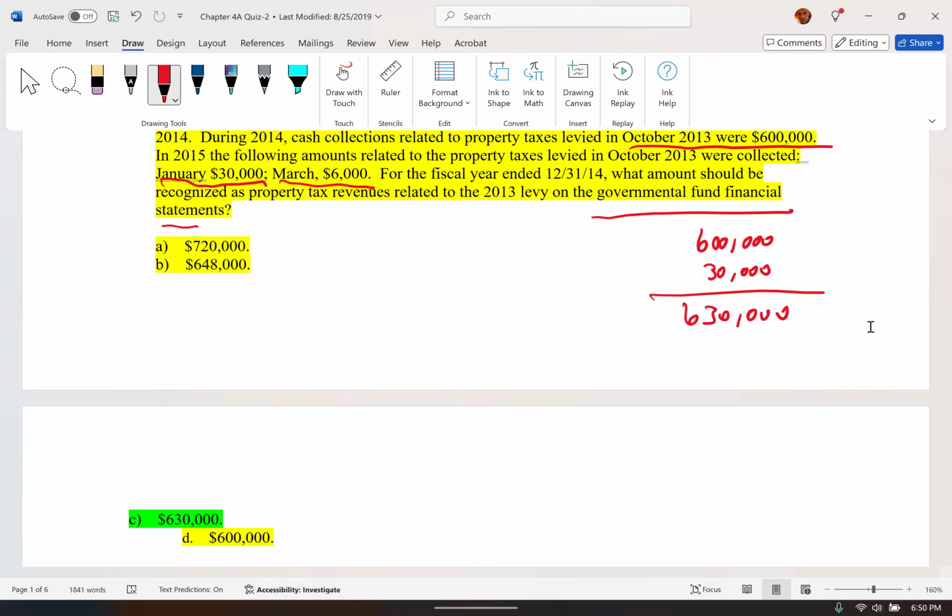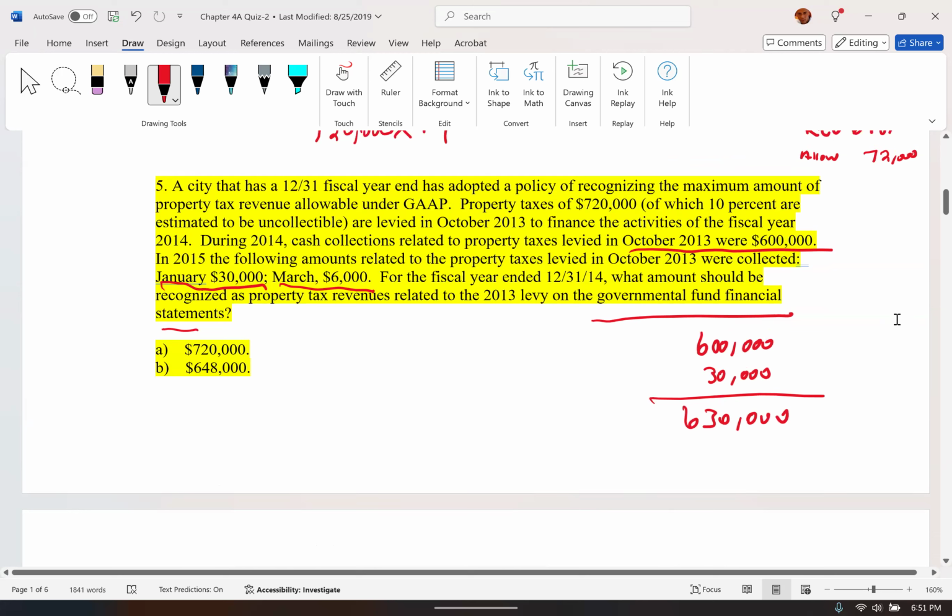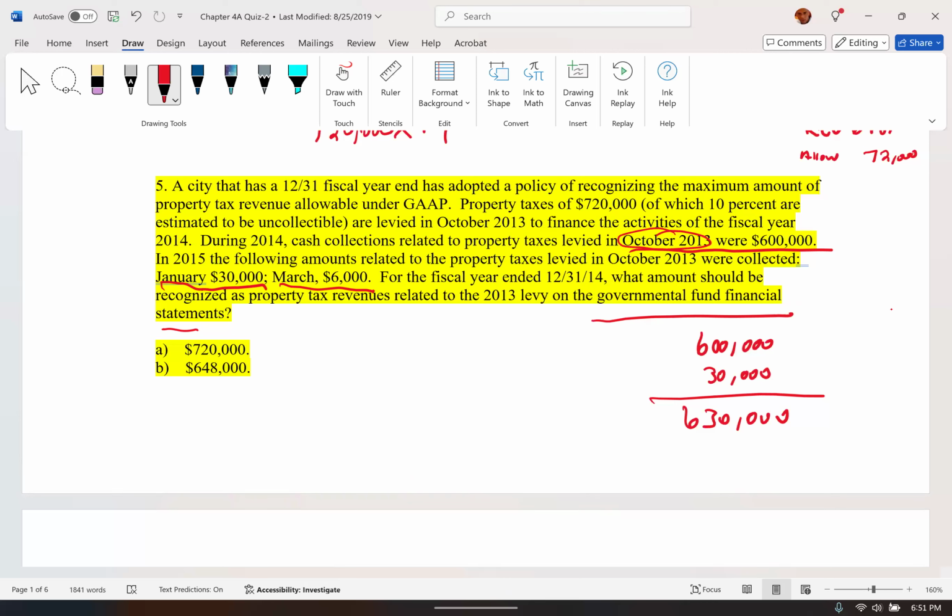I have a question. Is there a typo in the year? Because we jump in between 15, 14, 13. No, I don't think so. They levied the taxes in 2013, right? That's when the bills went out. So when the bills went out in 2013, they would debit taxes receivable 720.